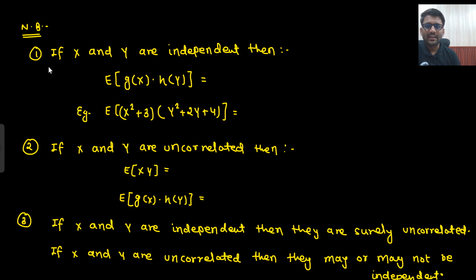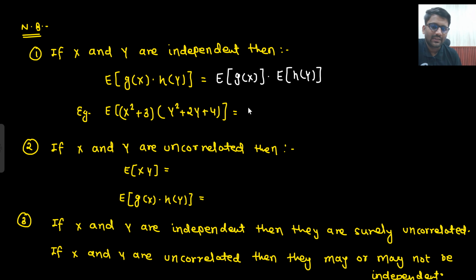So let's see again the major difference between independent and uncorrelated random variables. If I am saying that x and y are independent random variables, that means any function of random variable x and any function of random variable y, if you are calculating their expectation, that would be equivalent to expectation of g(x) times expectation of h(y).